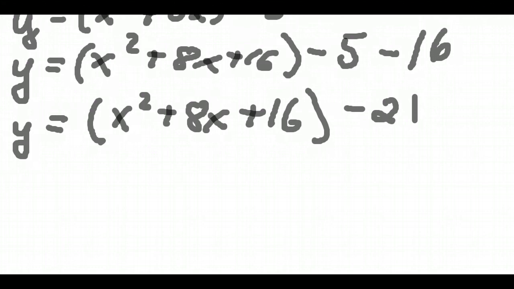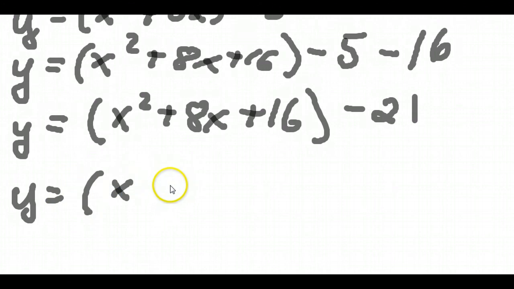What would it look like when we factor out the stuff in the parentheses? It becomes x plus 8. Not 8. So you look at that 8, divide that 8 by the 2.